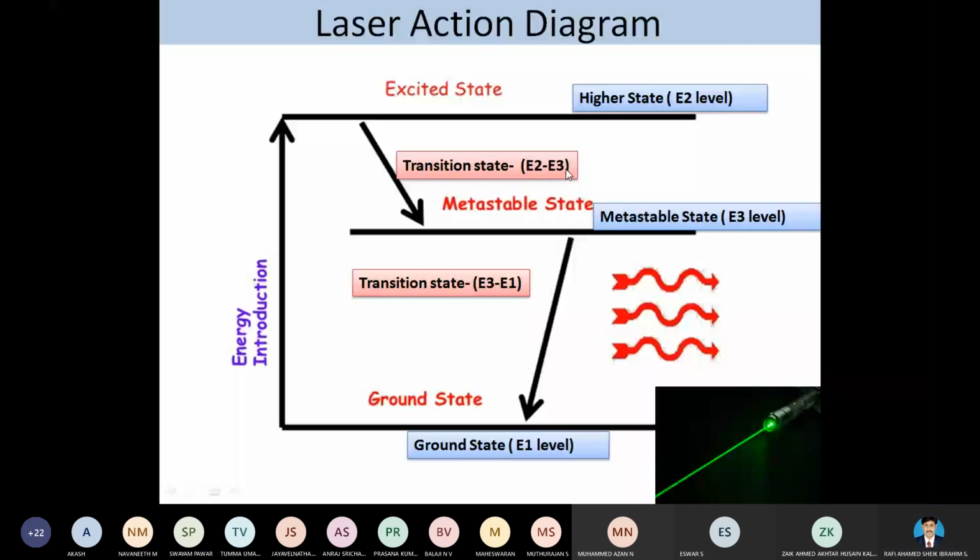That is, the ground level is E1, the higher level is E2, and the metastable state is E3. If the atom jumps from the E2 level to the E3 level with no action, then this is called the spontaneous emission.